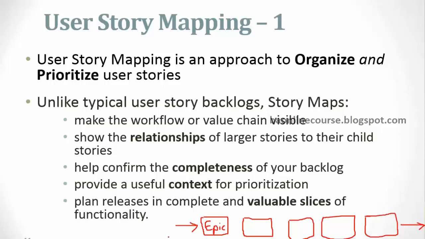Right. So now you have the visual value chain of what the system should deliver. Then we drill down further and break this down into smaller user stories. Okay. So all that is done as part of your product backlog.